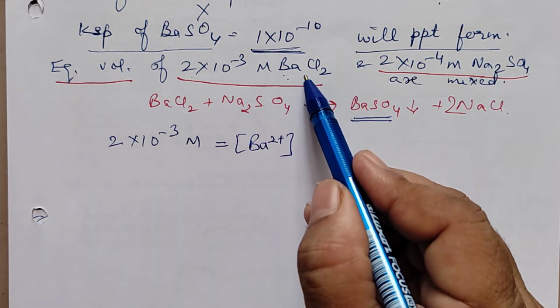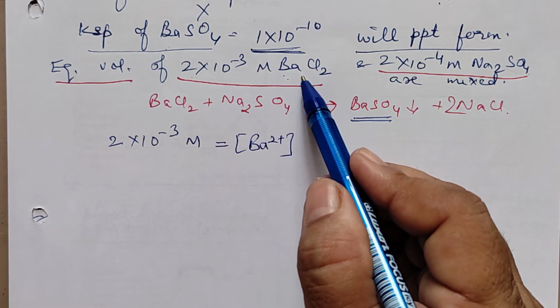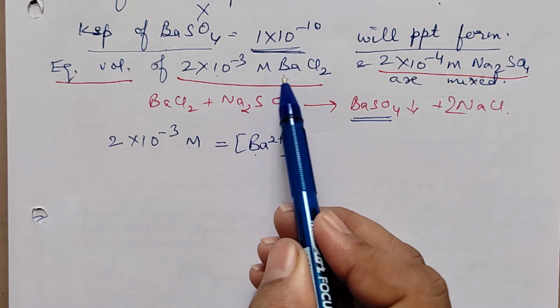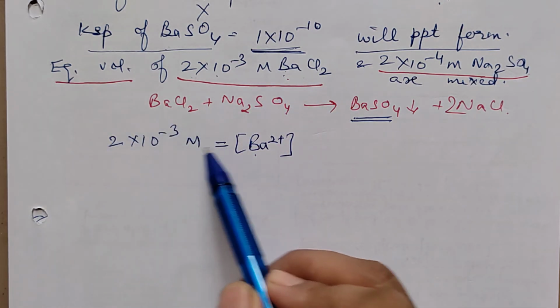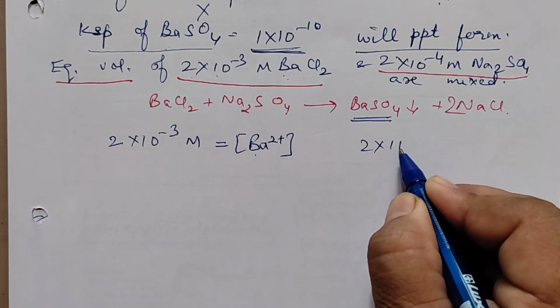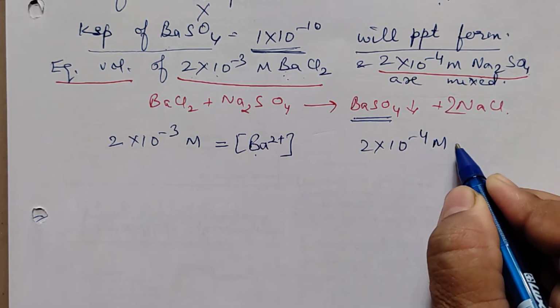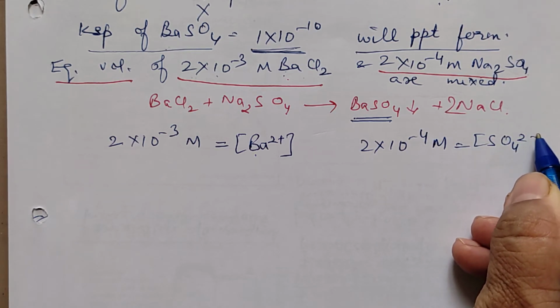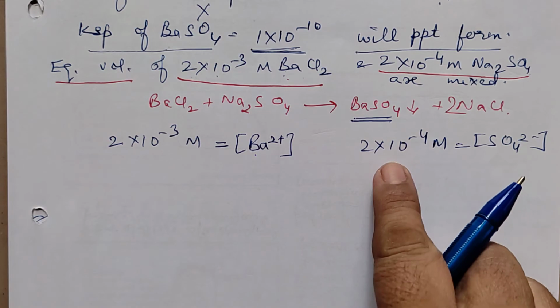It is more soluble, not sparingly soluble. Whatever is the concentration of barium chloride, you are getting that concentration of barium ion. In the same way, 2 into 10 to the power minus 4 molar is the concentration of sulfate ion.